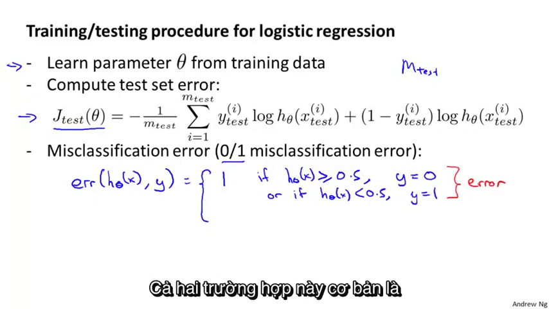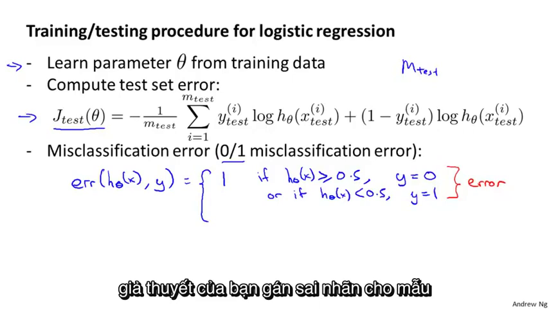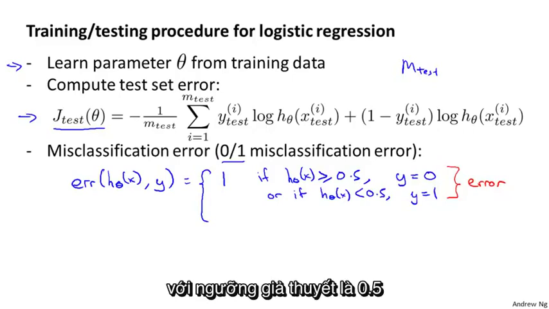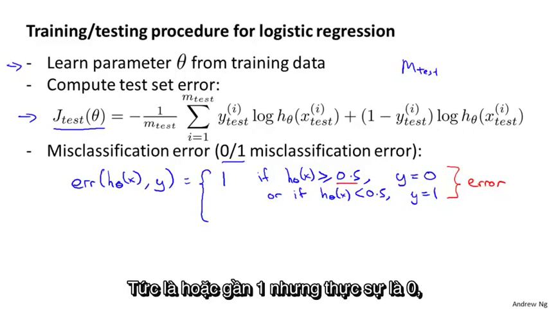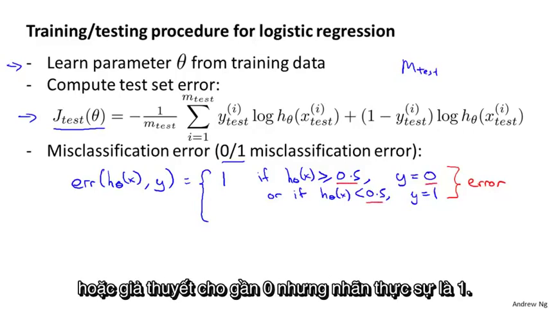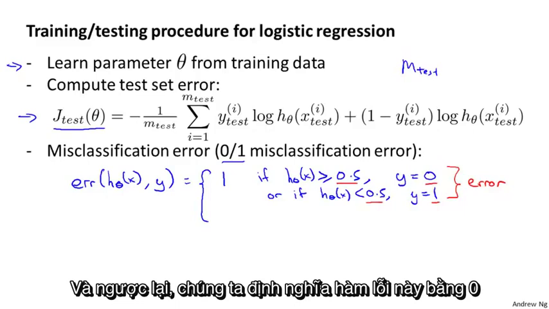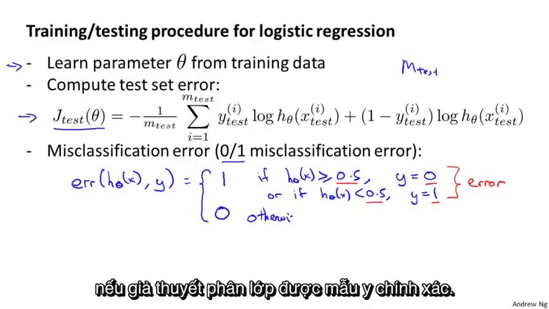Both of these cases basically correspond to your hypothesis mislabeling the example, assuming you thresholded at 0.5. Either it thought it was more likely to be 1, but it was actually 0, or it thought it was more likely to be 0, but the label was actually 1. And otherwise, we define this error function to be 0 if your hypothesis classified the example y correctly.